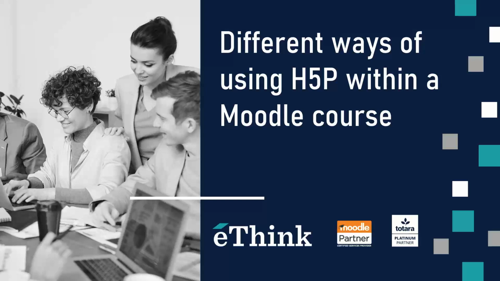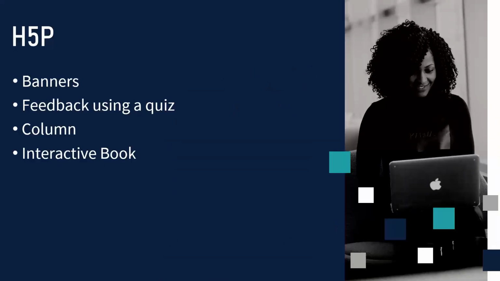For those of you who are completely new to it, H5P is an activity type in Moodle, a plugin before version 3.9 and now part of 3.9 core, and allows you to create all sorts of rich and interactive content types. So how can you use H5P as elements within your course that might be a little bit from the norm?